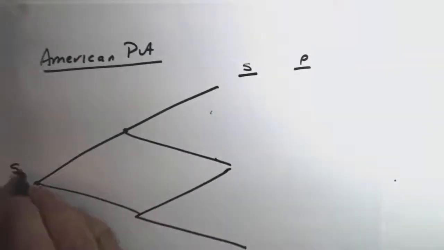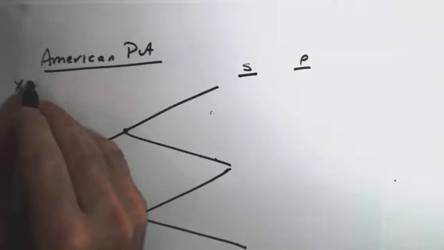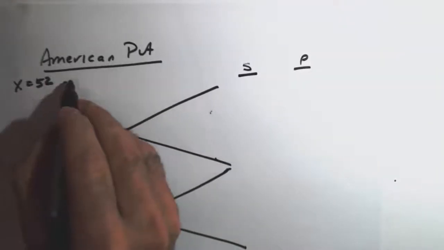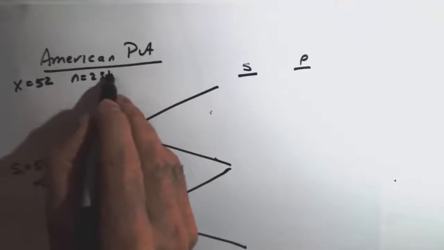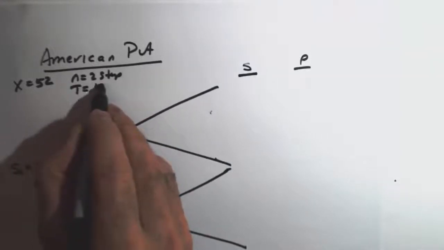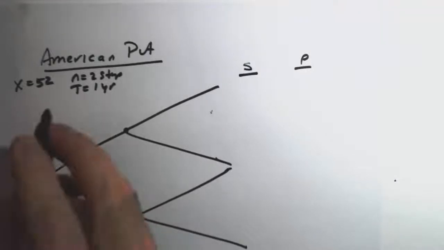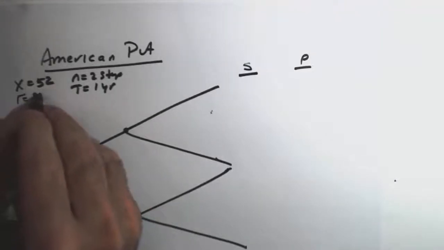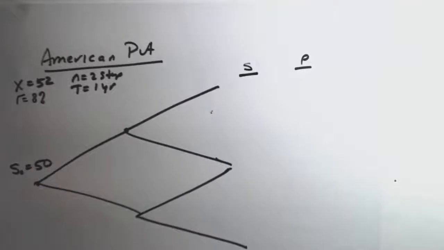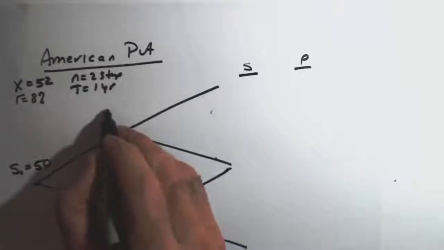We have a stock price at time 0 of 50. We have a strike at 52. It's N equals 2 steps, and T equals 1 year, so every step is 6 months. And then R equals 8% annually, or 4% every 6 months. That's the setup.